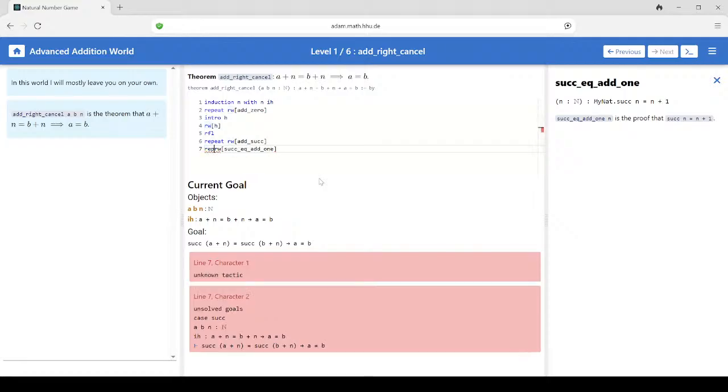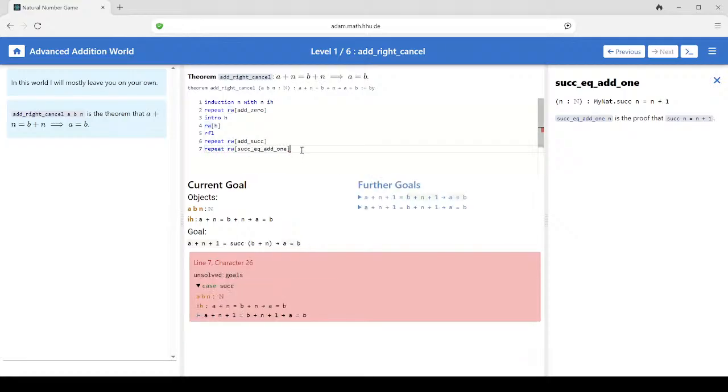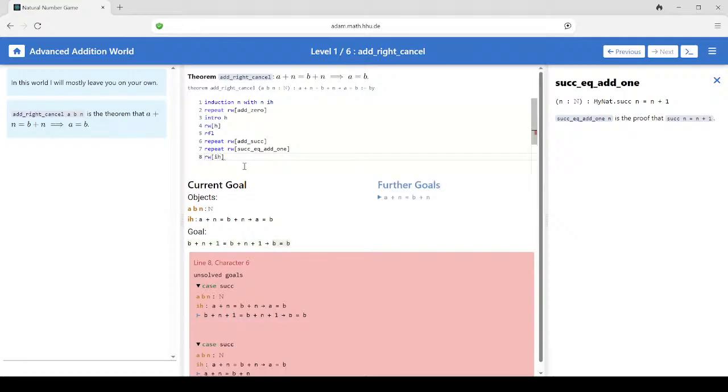Repeat that as well. Okay, now we just have plus ones in there. Can I use my induction hypothesis now, or does it not work because there's a plus one? No, it won't work.